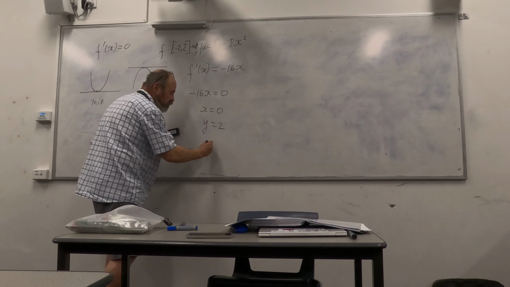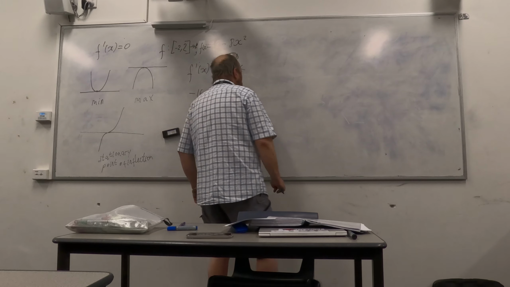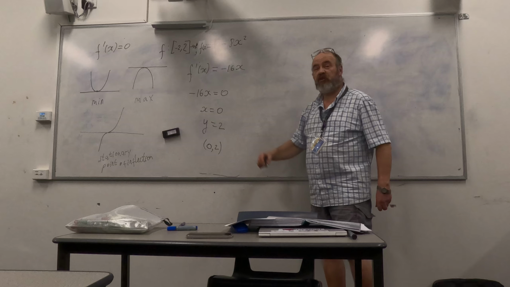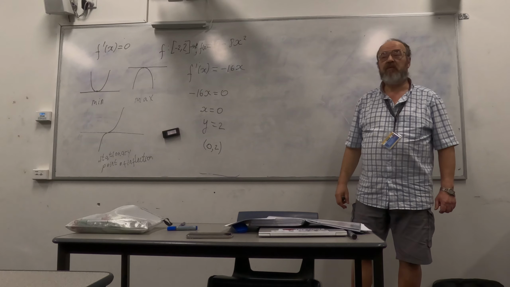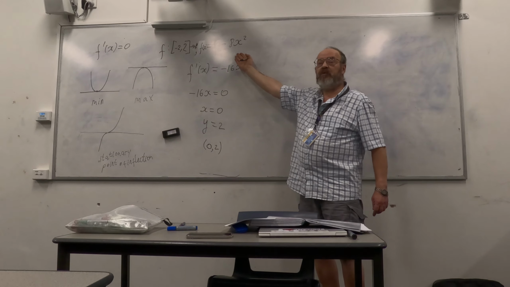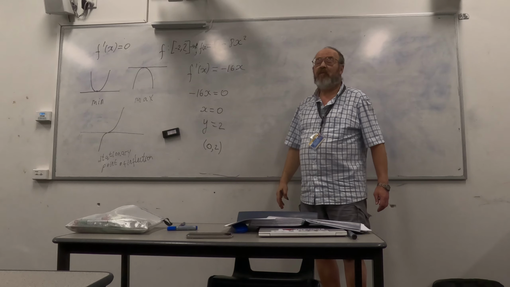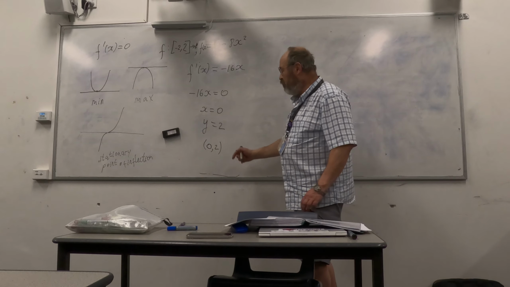So we have a stationary point at (0, 2). What type of stationary point will it be? Without doing any sign diagram, thinking about the graph, it will be maximum, because it's an upside down parabola.